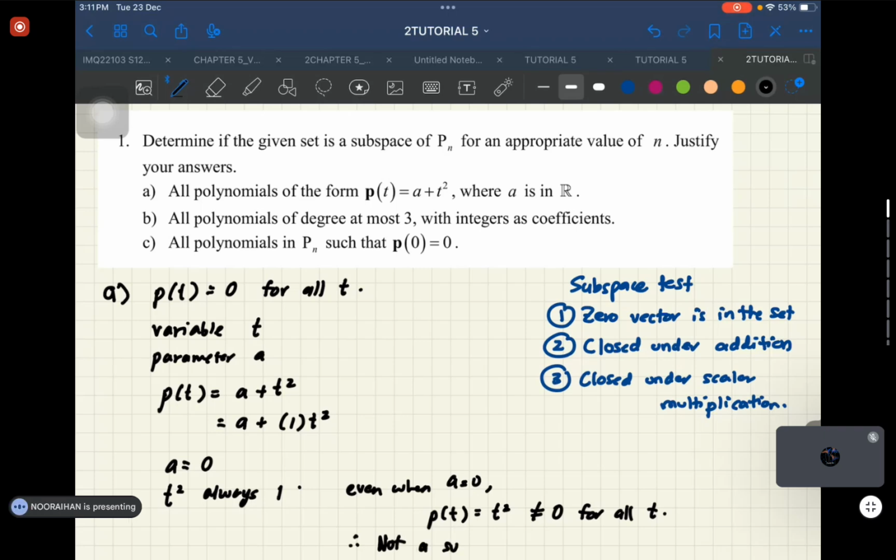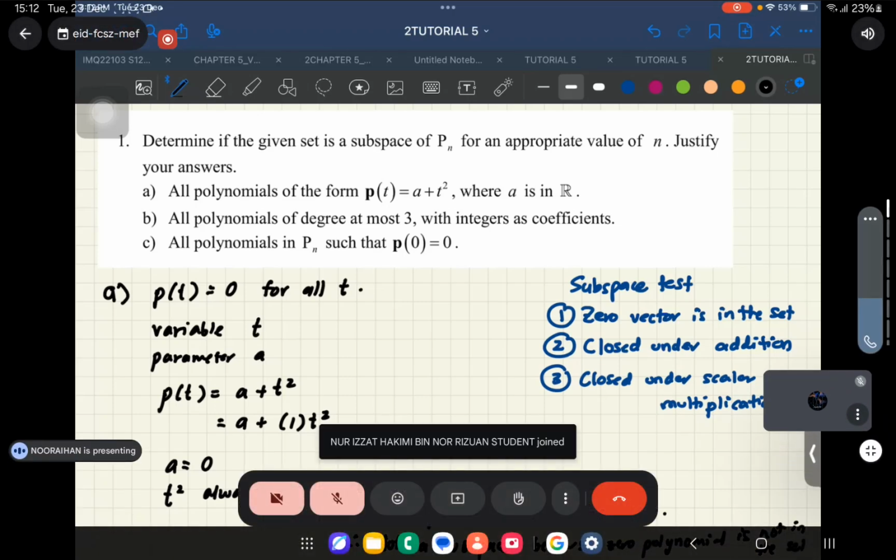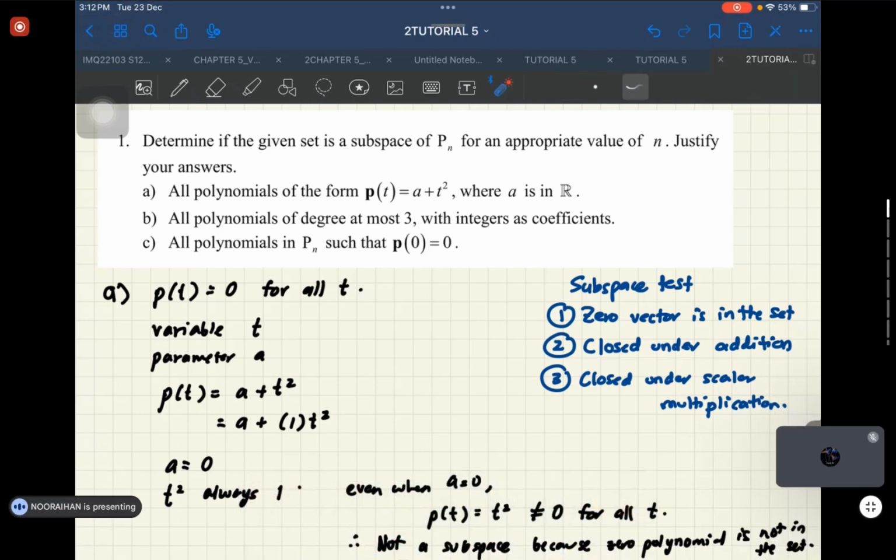So when the first property is not satisfied, you just conclude it is not a subspace. You don't have to do the second and third conditions.